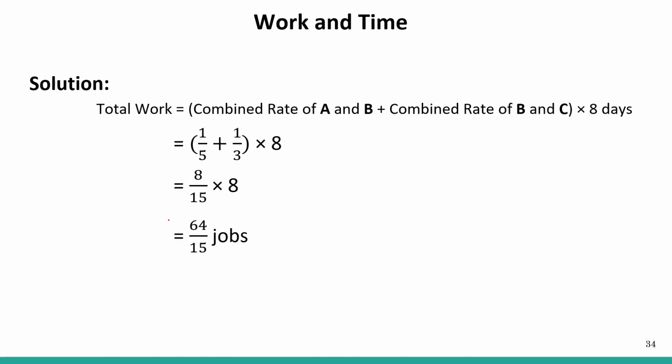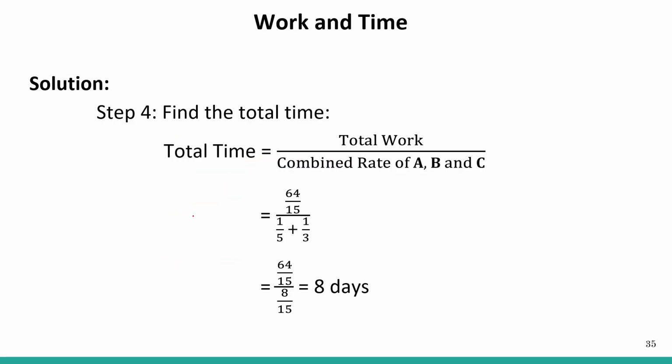Total work is the combined rate of A and B plus the combined rate of B and C, times 8 days, so (1/5 + 1/3) times 8, because in 1 day they finish this much. 8/15 times 8 is 64/15 jobs. Step 4 is finding the total time: total work divided by the combined rate of A, B and C. So 64/15 divided by (1/5 + 1/3) is 8. So 8 days is the correct answer.